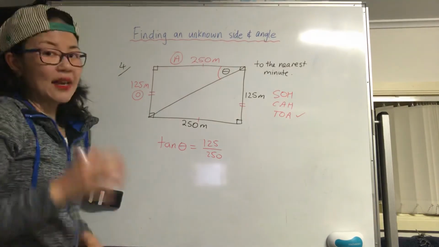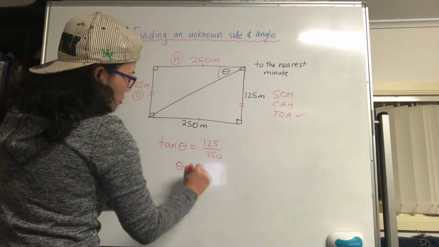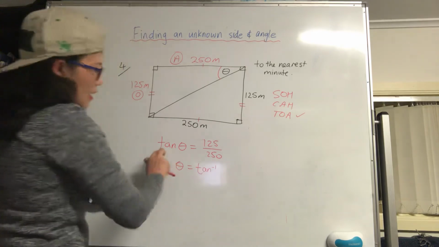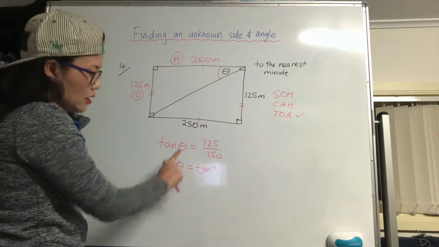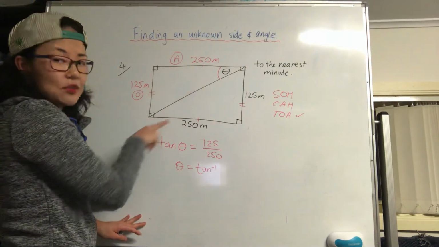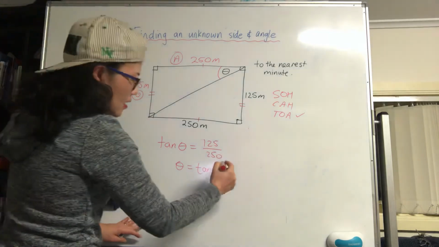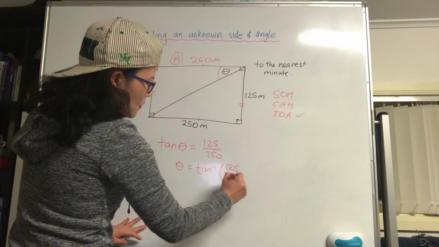Now remember, with the angle you have to use shift tan. We're not looking for tan theta. Tan theta is a ratio, a value. We want to find theta, the angle. So it becomes inverse tan, 125 divided by 250.